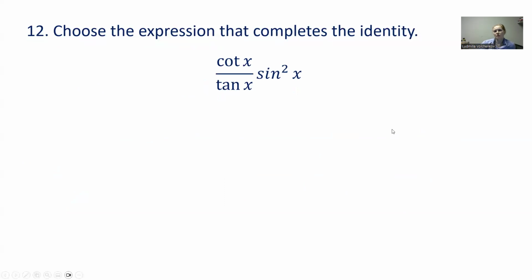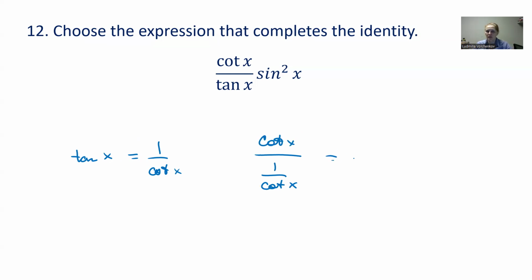Choose the expression that completes the identity. Okay, so we can write all functions in terms of sine and cosine, or here we can use reciprocal identity or quotient identity. So we can use that tangent is 1 over cotangent. So we can write cotangent x over 1 over cotangent x as cotangent squared x.